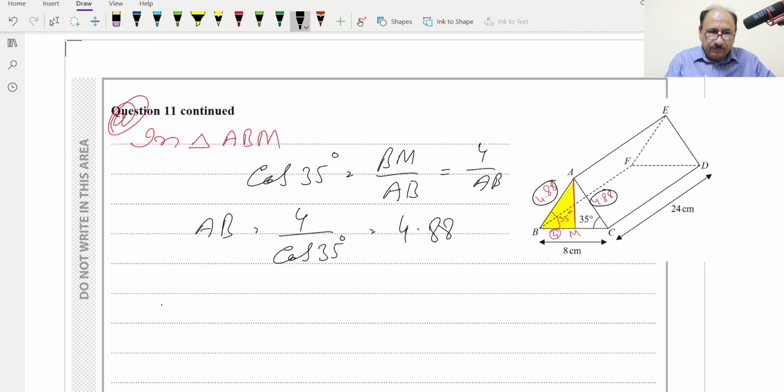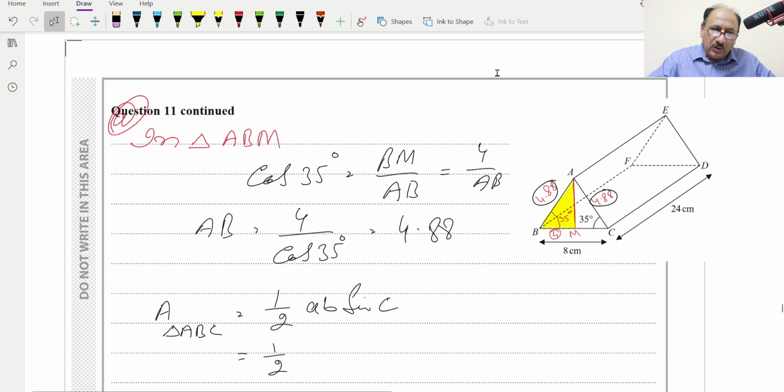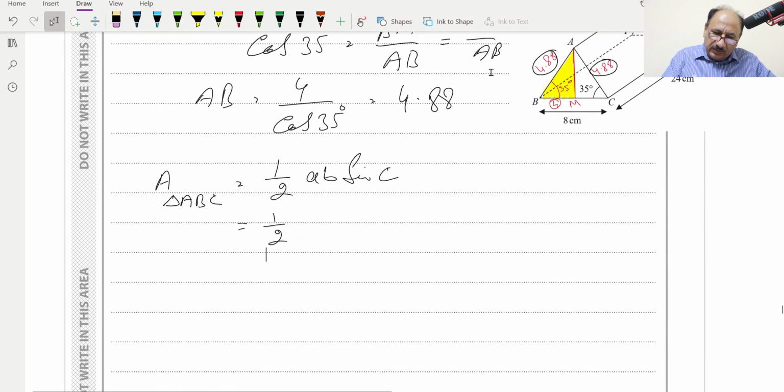Area of triangle ABC will be equal to 1 by 2 into AB sine of C. So this will be 1 by 2 into one side, which is 8, and the other side, which is 4.88, into sine of this angle, which is 35 degrees.